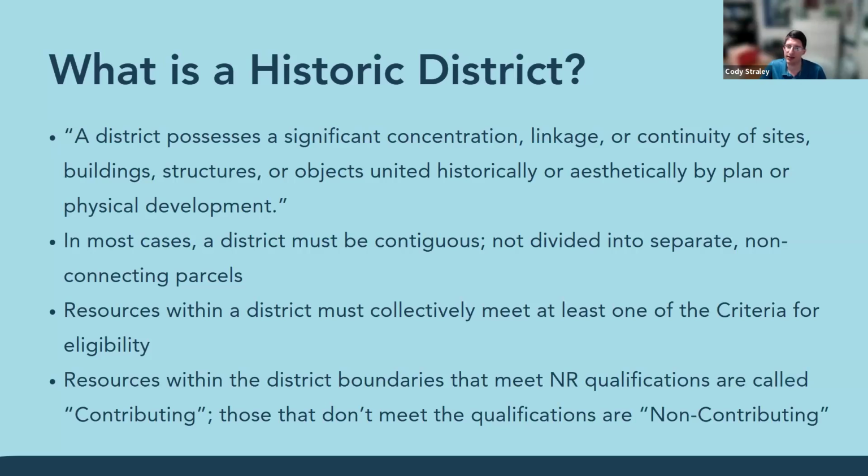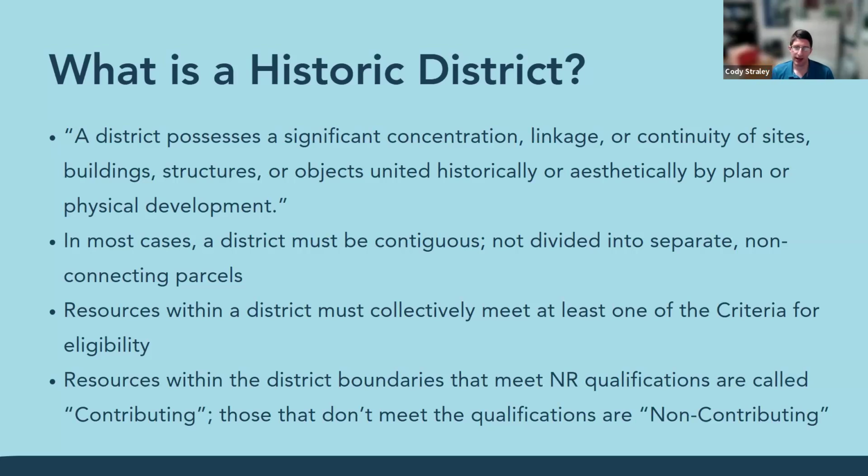Next slide, please. And specifically, what is a historic district? The National Park Service defines a district as something that has a significant concentration, linkage, or continuity of sites, buildings, structures, or objects connected historically or aesthetically by plan or physical development. What does that mean?